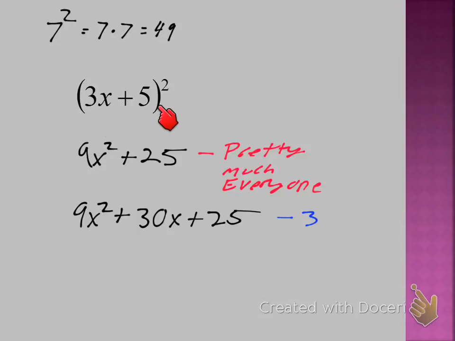What are you squaring right here? 3x plus 5. Not 3x and 5, 3x plus 5. So when you square 3x plus 5, you take it times itself. Which means you do what?